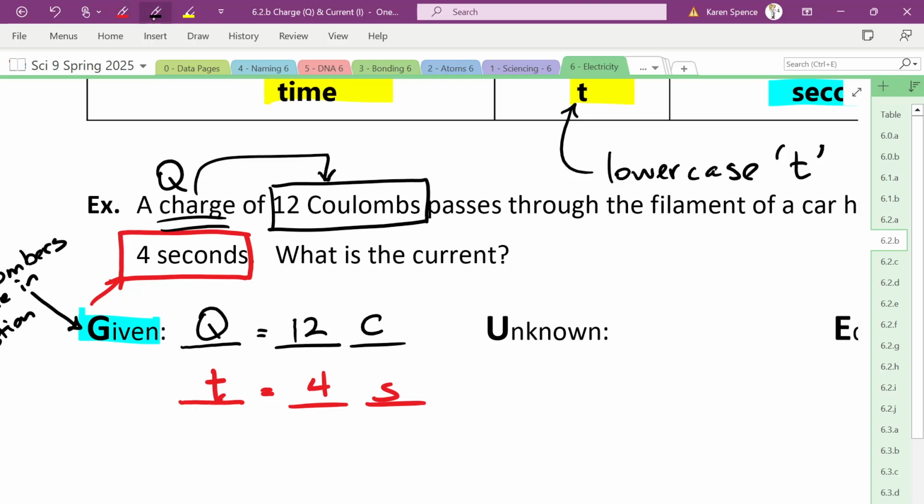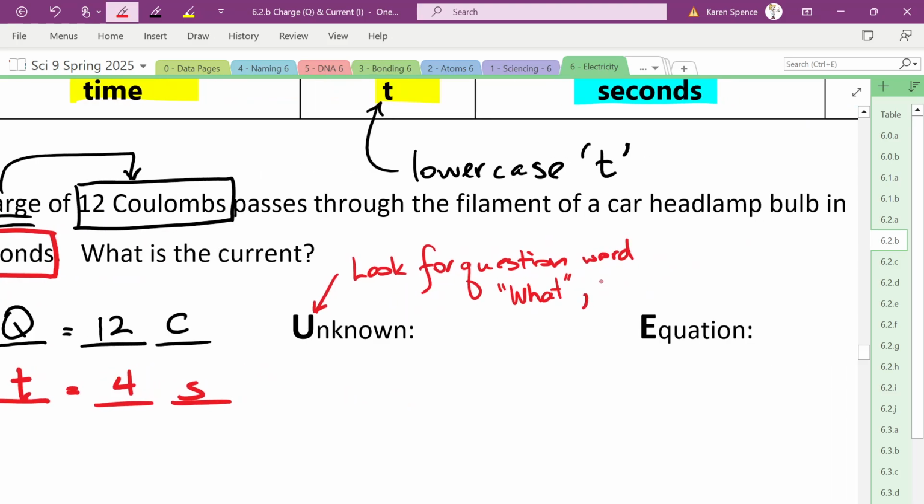Now our unknown, you're going to look for the question word. Do you guys know what a question word is? Who, what, when, where, why, how. Also, find or calculate. Okay? Usually it's what or find or calculate. It's going to be something like that.